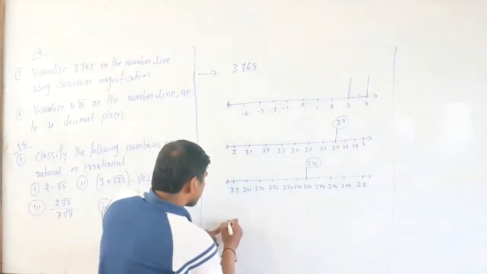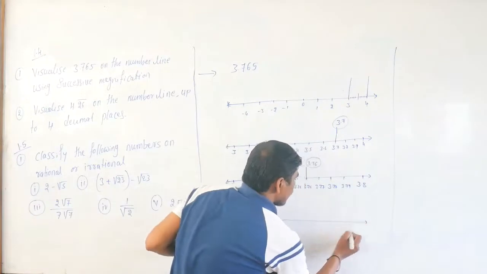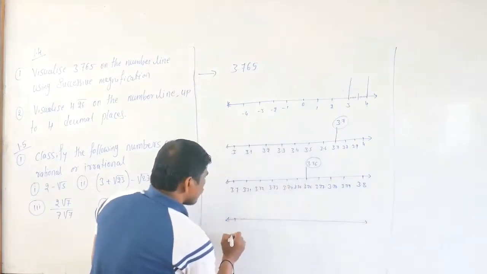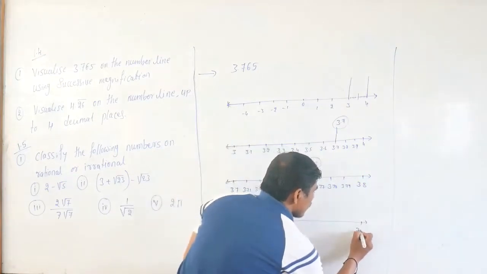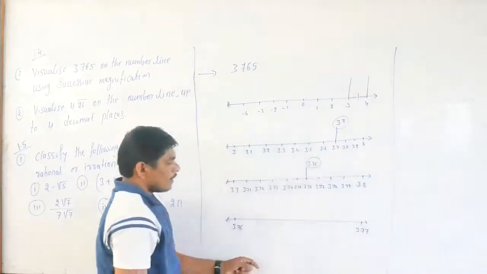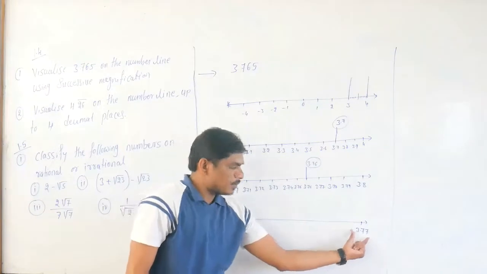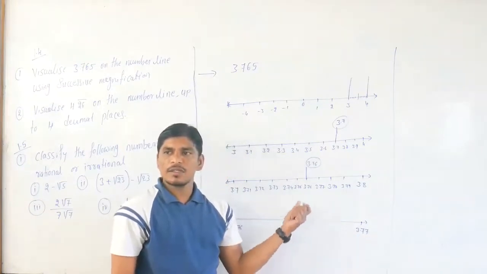That's why in another step you take another number line between 3.76 and 3.77. Again between 3.76 and 3.77 you mark 10 divisions.